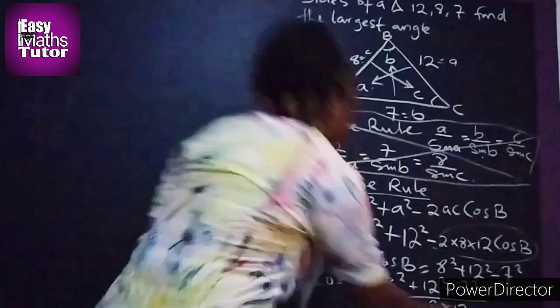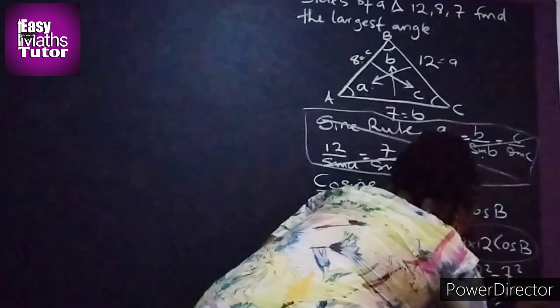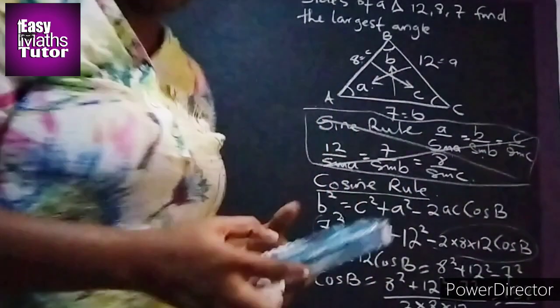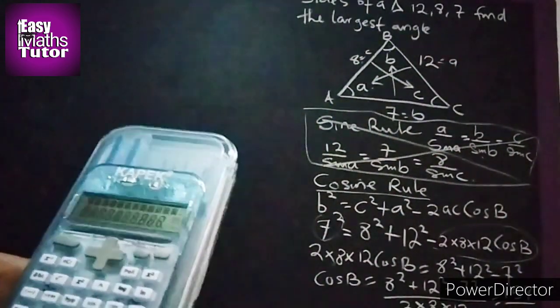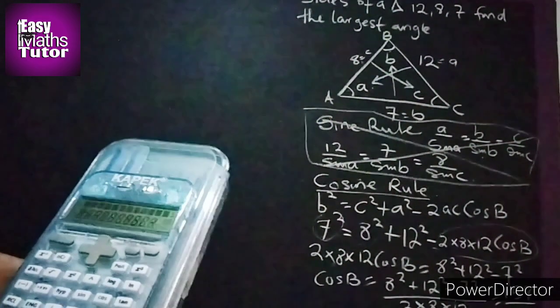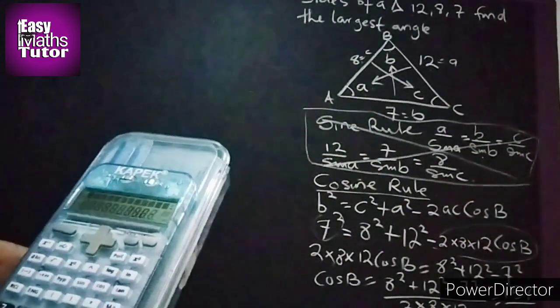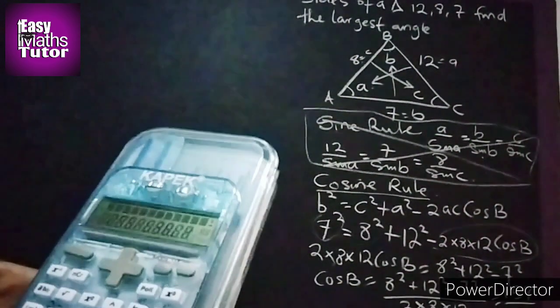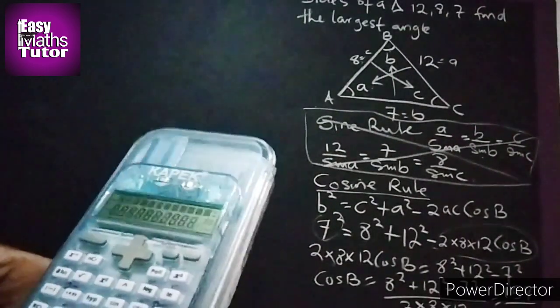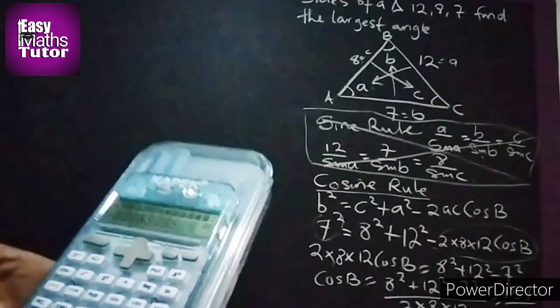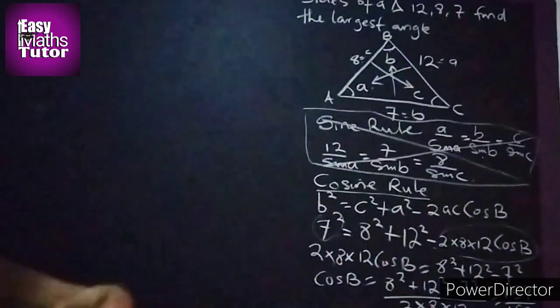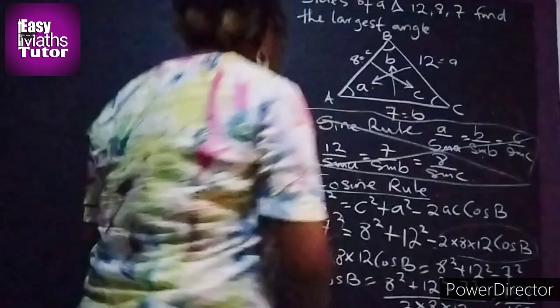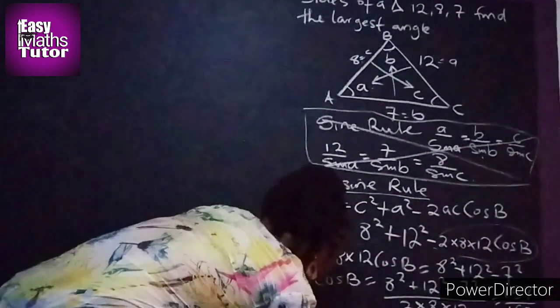Then 2 times 8 times 12 gives us 192. So if we divide these two together, we'll find B.